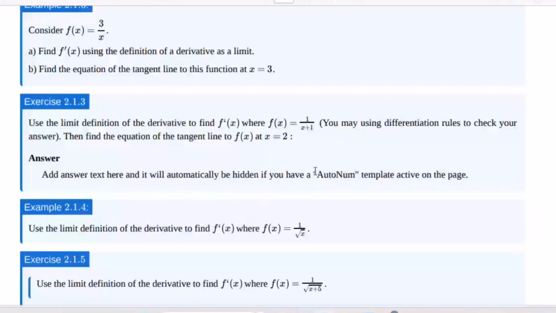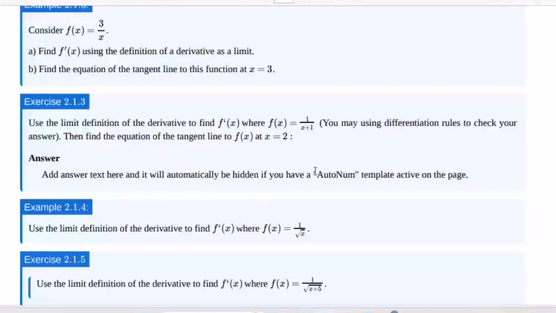Now, in the place of f of x plus h, what should we write, Tobani? I think 1 over the square root of x plus h plus 5. What should we write, my sister? 1 over x plus h plus 5. Slowly, my sister.